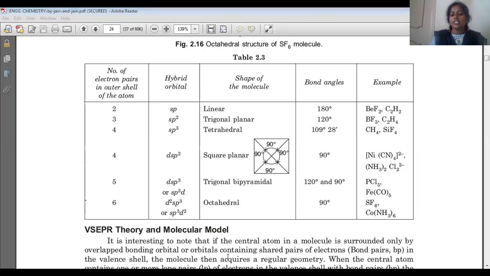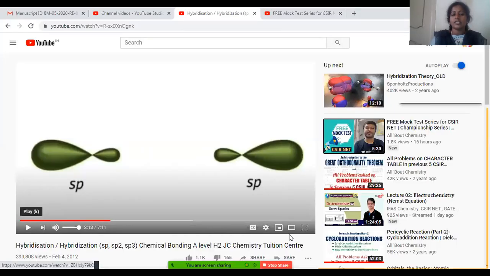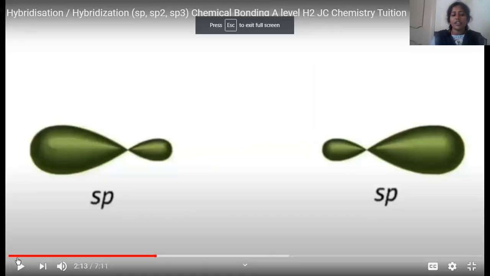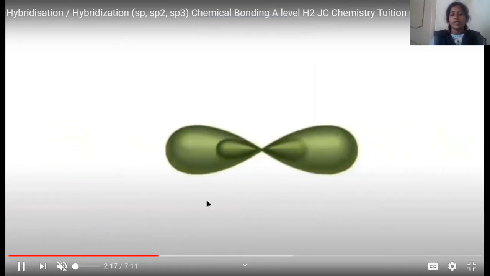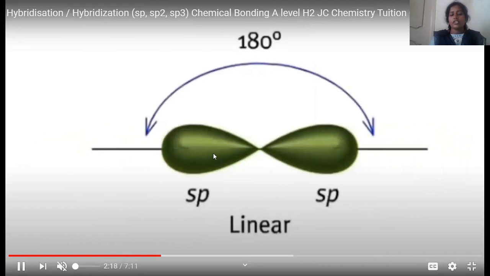So what is hybridization? Hybridization is nothing but intermixing of atomic orbitals. Let us see how intermixing of atomic orbitals is possible. When s orbital and p orbital are mixed, formation of sp hybridization is possible. This sp hybridization is linear in shape and 180 degrees bond angle will be there.